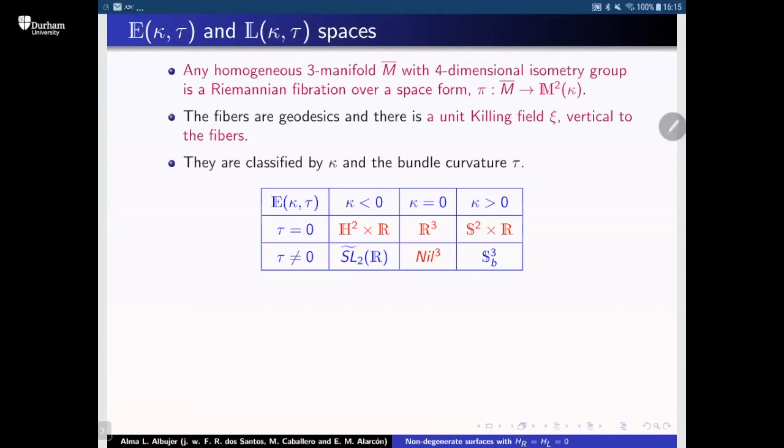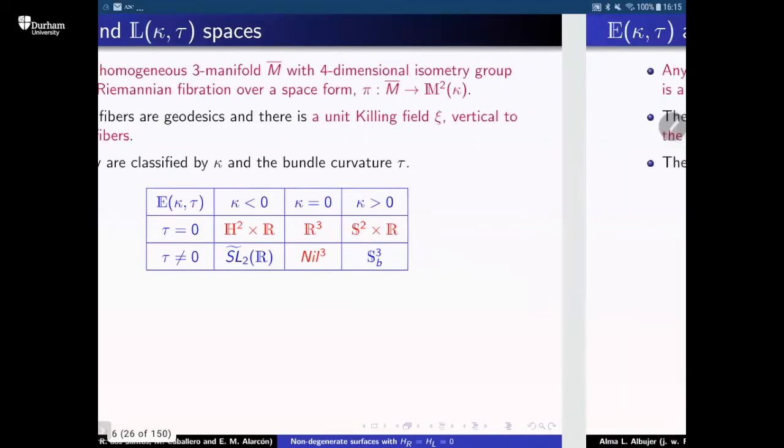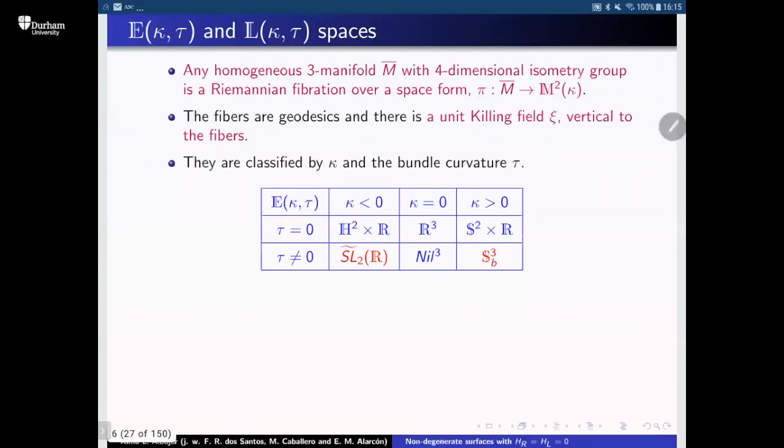The 4 in red are the 4 that were previously considered by Kobayashi and by this group of Korean mathematicians. So although I will work in general, later I will focus on the 2 cases that were still open: the Berger sphere and the universal cover of the special linear group.